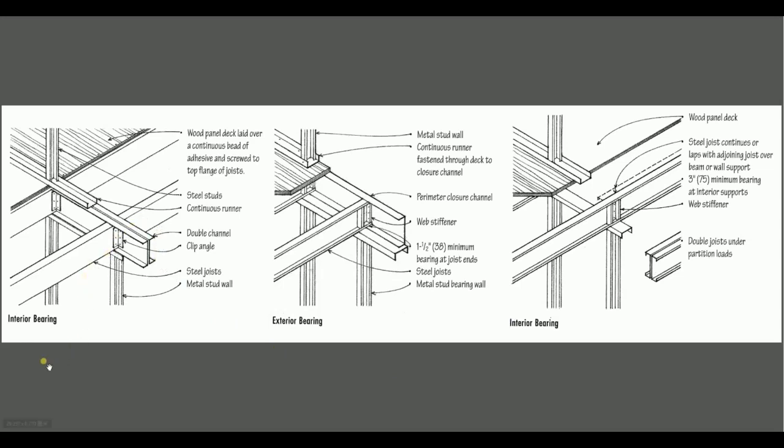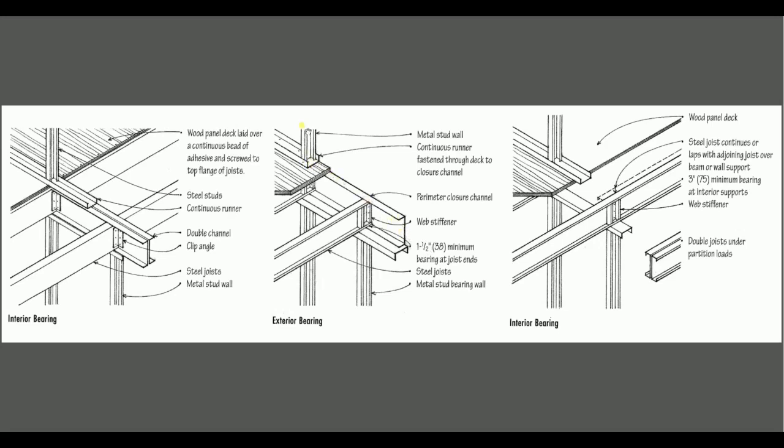Here is an internal wall. So for the wood construction internal wall, we put the two joists here. But here we put the double channel together to support the internal wall. Here is an external bearing. We put the primary closure channel here to support the external wall.